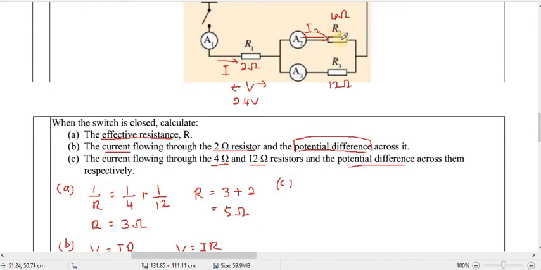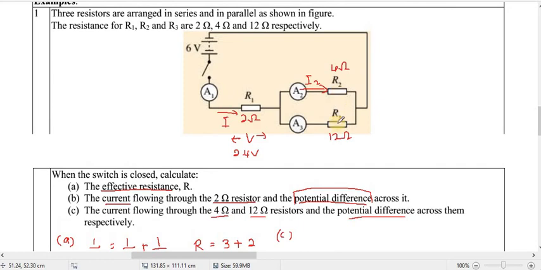Can. Because you see, here and here is parallel. So that means the potential difference here and here is the same. Here is 2.4. So that means the charge after pass through here, either pass through here or pass through here, and then go back here, right or not?